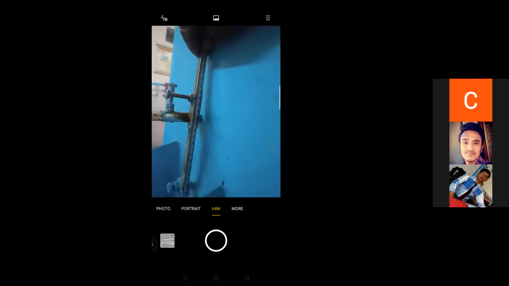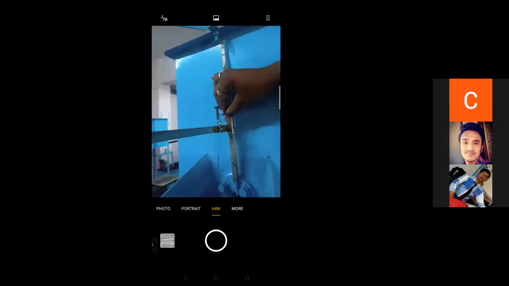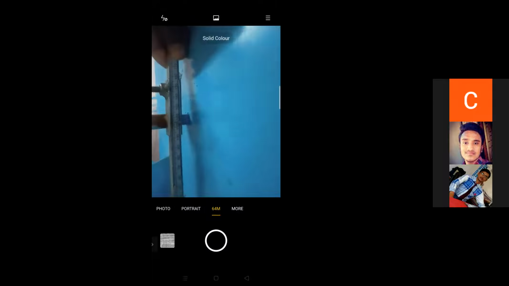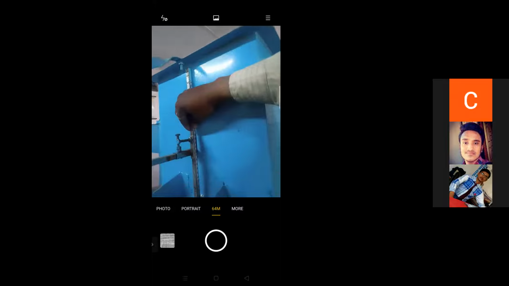Okay, you can see here this value. What is going to change? The Y2 value is going to change. After some time, what we are going to do?